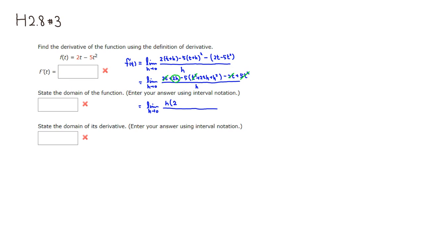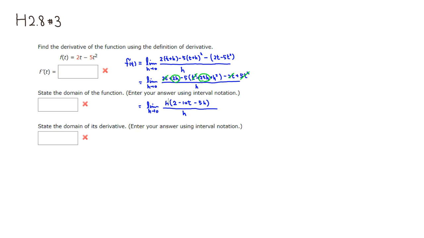Factor h from here, negative 5 times 2t, so it's a negative 10t. And if you pull h out from h squared, we have a negative 5h, over h.